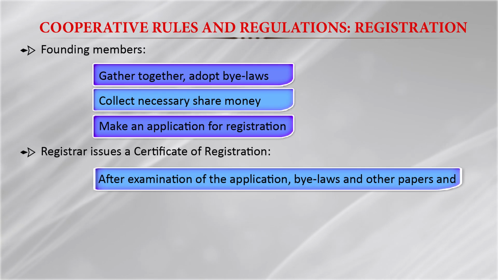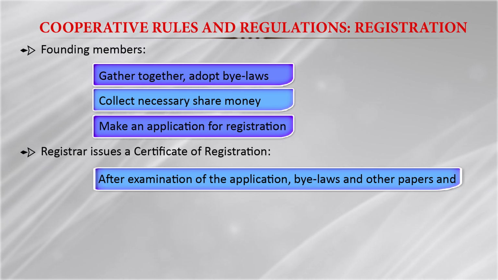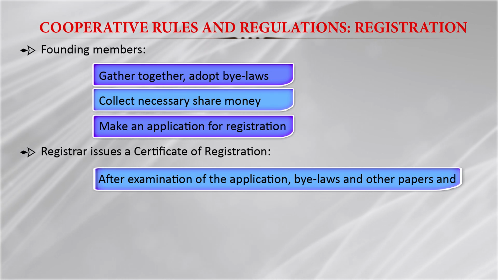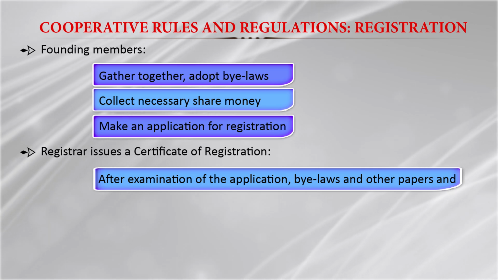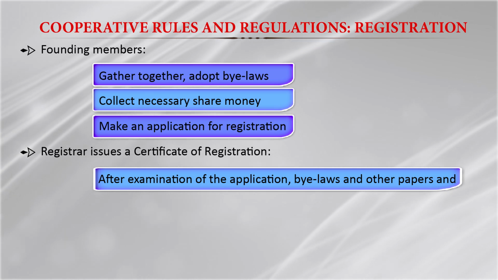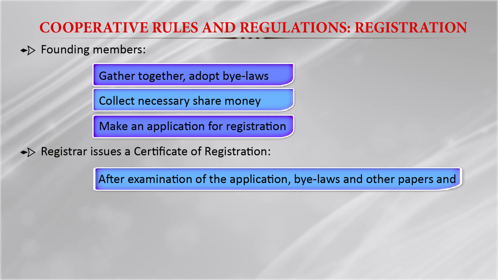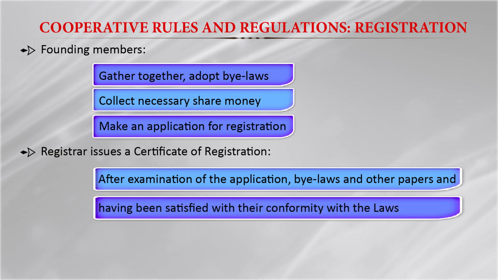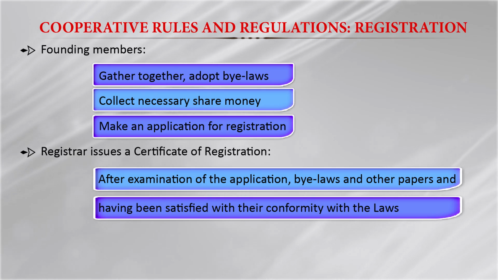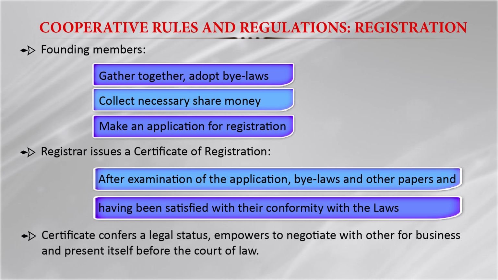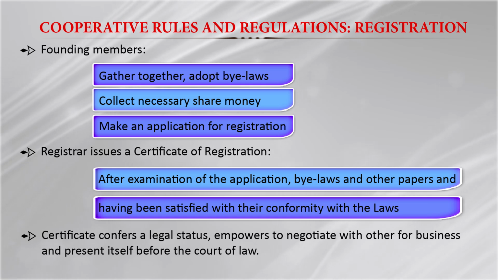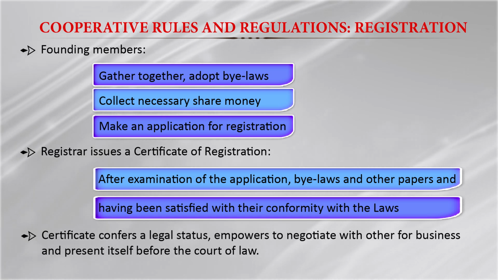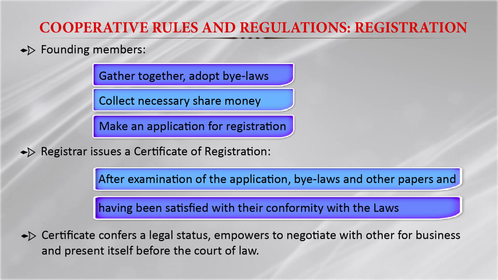The registrar issues it after examining the application, the by-laws adopted by the cooperative, and the other papers. If the registrar is satisfied with all the documents and the application, then he confirms the registration of the cooperative society, and that provides a legal status to the cooperative society.